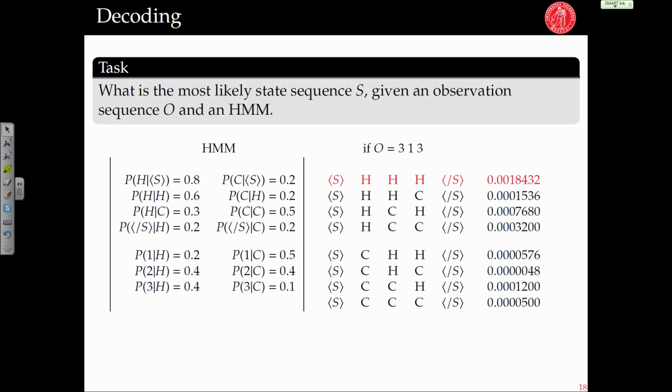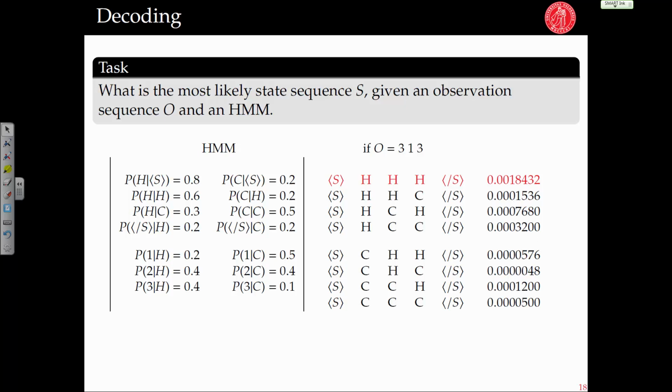I mean, in general, is it a good method to decode, to find the most likely sequence? Wouldn't there be a problem if there's a strong prior? So say a hot day is way more likely than a cold day anyway. That's not a problem, right? It should be encoded in our probabilities here.